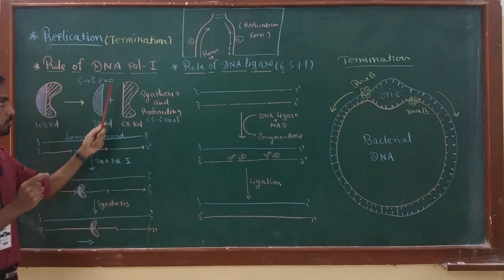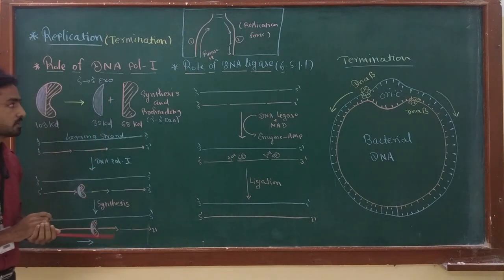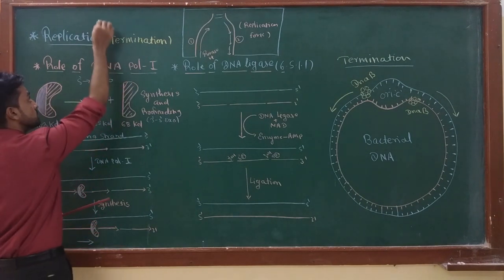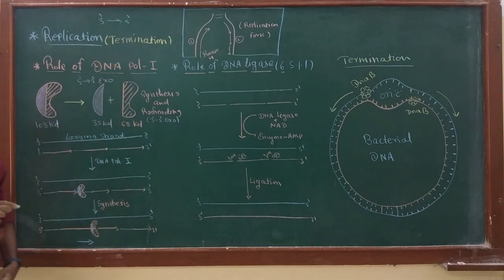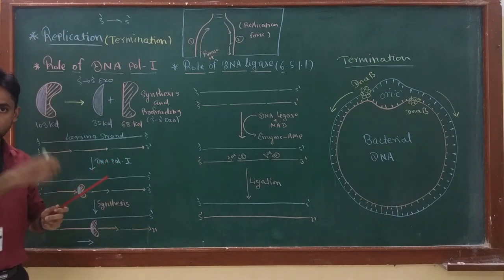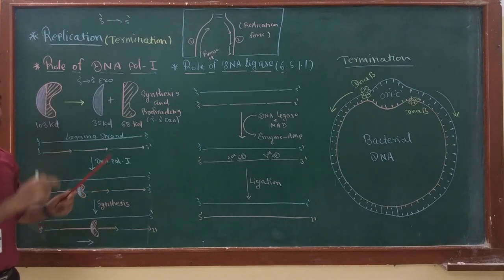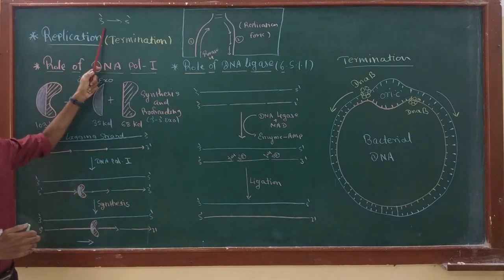We know that DNA polymerase 1 has both types of activity. That means this enzyme has 3' to 5' exonuclease activity, the ability to remove nucleotides from the DNA strand in the 3' to 5' direction. This is called proofreading activity.